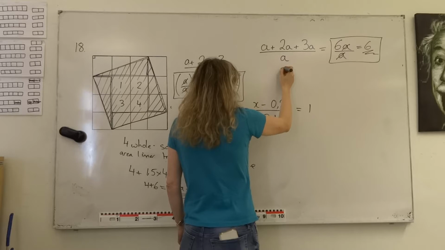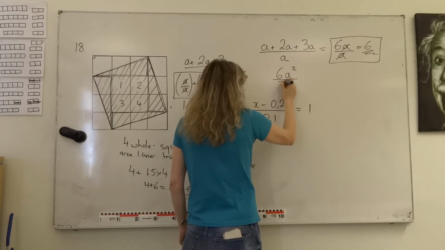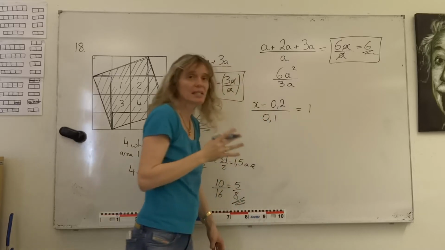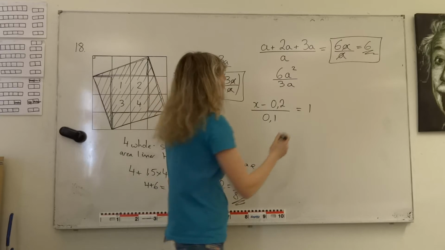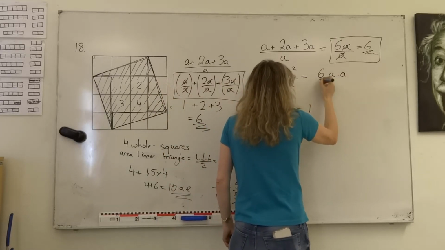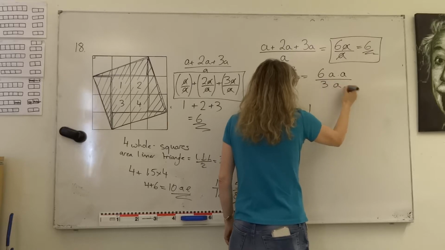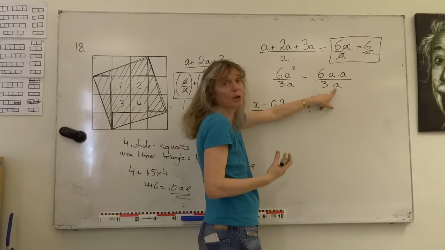What are we doing when we have 6a squared divided by 3a then? Now that's different. There's no plus signs here on the top or on the bottom. So we can think of 6a squared as being 6a times a divided by 3 times a. Here we can cancel one of the a's because we're using only multiply and divide.